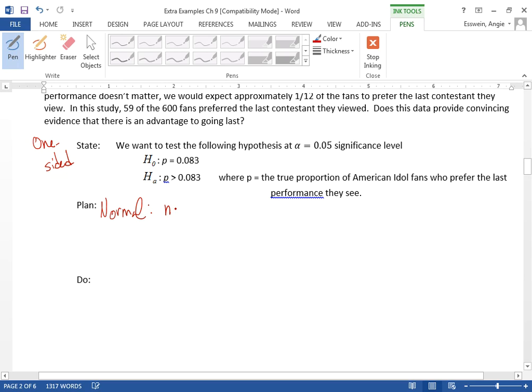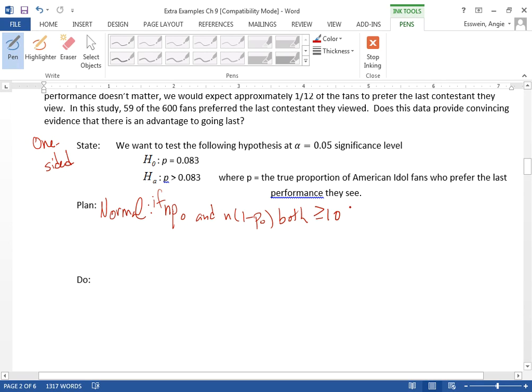Which p do we use? The one defined in the null hypothesis, because that's what we're assuming to be true. So if np naught and n(1 minus p naught) are both greater than or equal to 10.